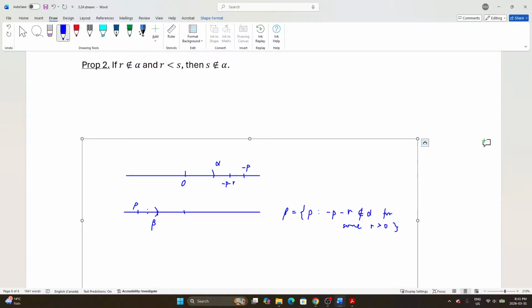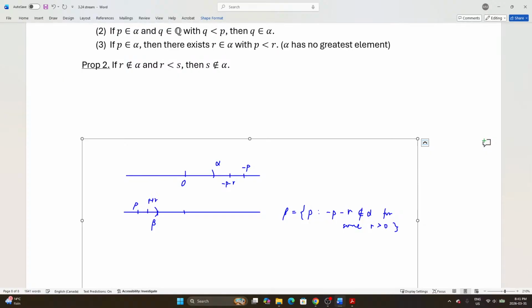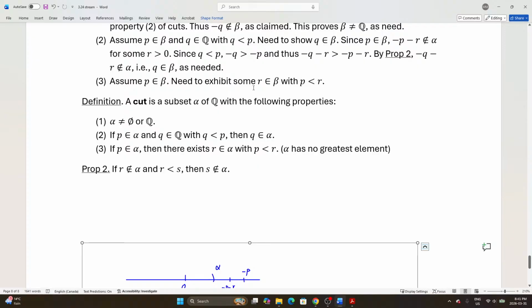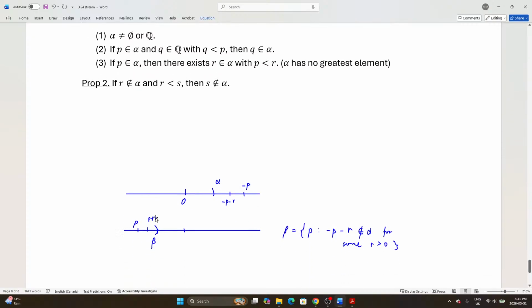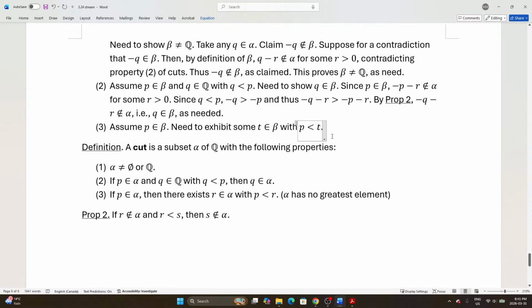Taking the opposite of that, you get p plus r. I want to show p plus r is in beta. And actually, let's change the letter. Need to exhibit some t in beta with p less than t, so to say. And I let t be p plus r. Let's see if that works.